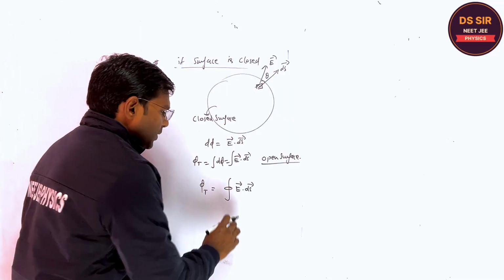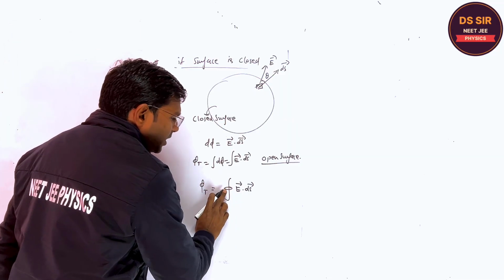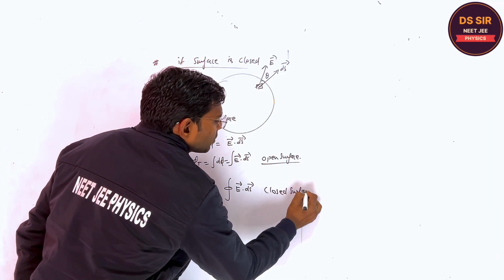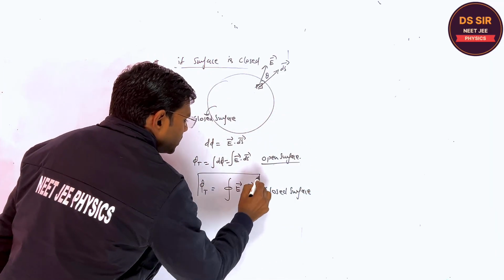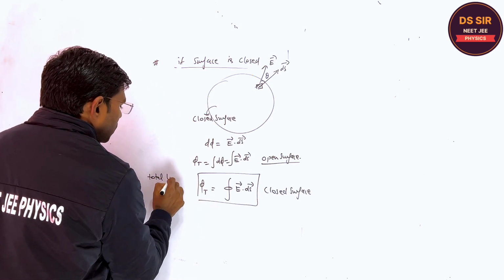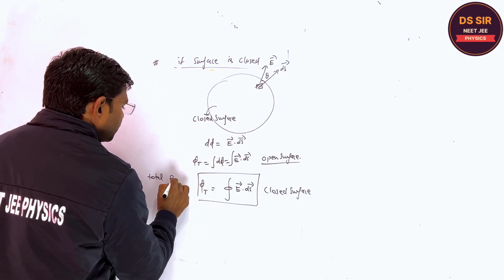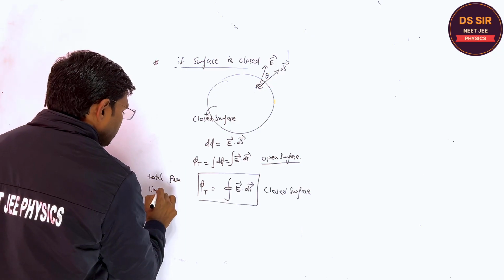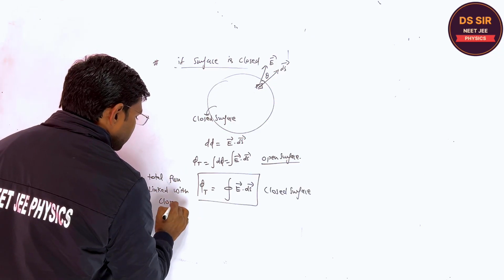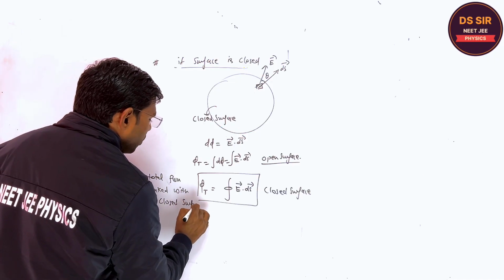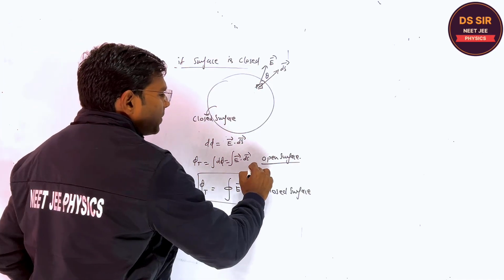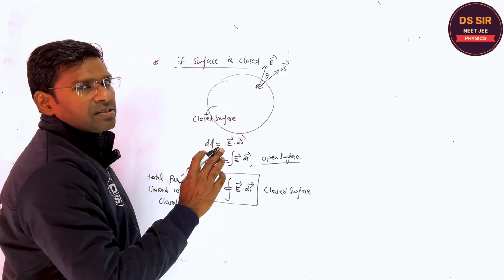Sometimes it may be asked in the examination. This symbol represents a closed surface. So this is the total flux linked with a closed surface. This is only the symbol difference: for an open surface this, for a closed surface this.